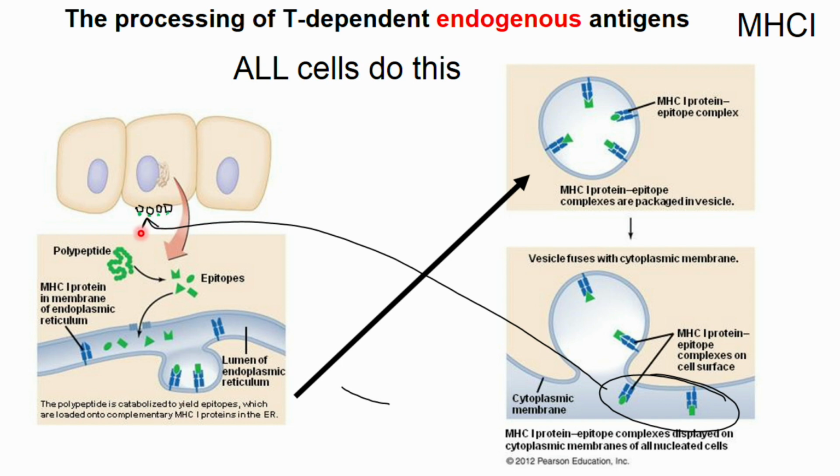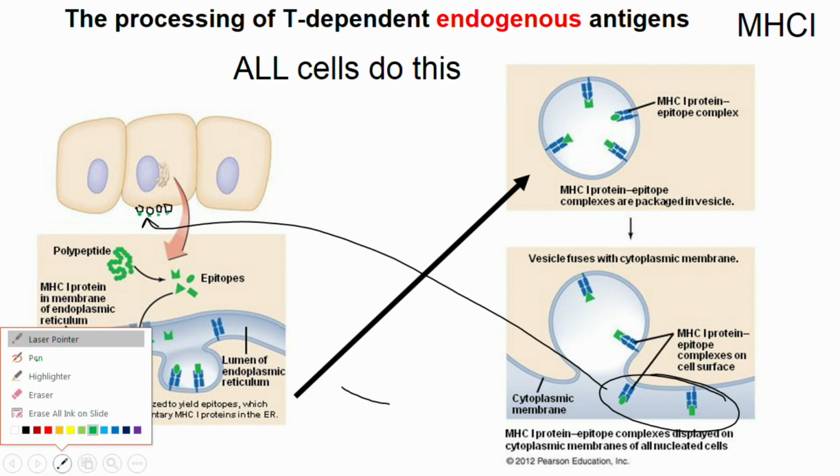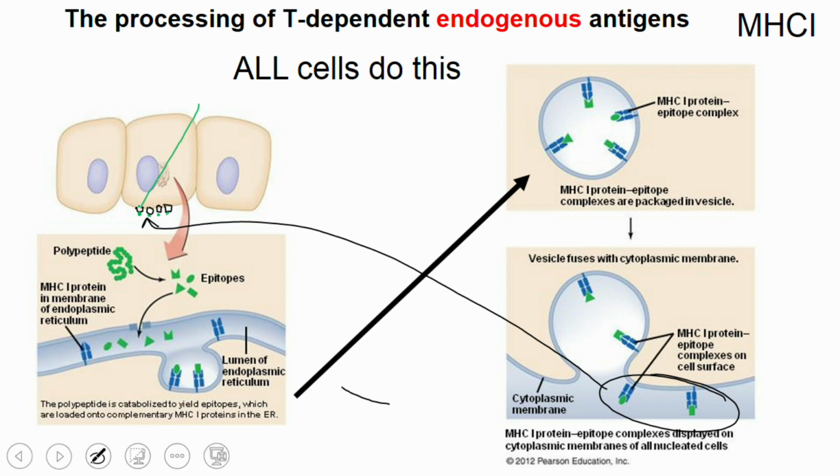But that's what it's doing. It's basically saying, am I just me, or do I have something nasty inside of me that needs to clear out? If there was something nasty inside, this cell would have to be destroyed. That is the purpose of showing these endogenous antigens to your immune system.